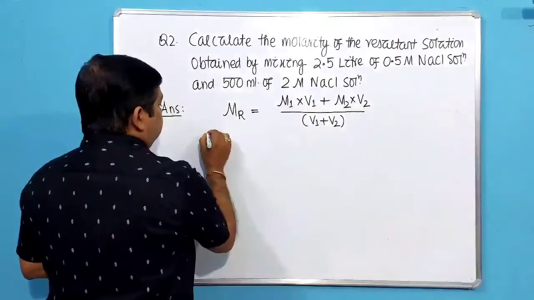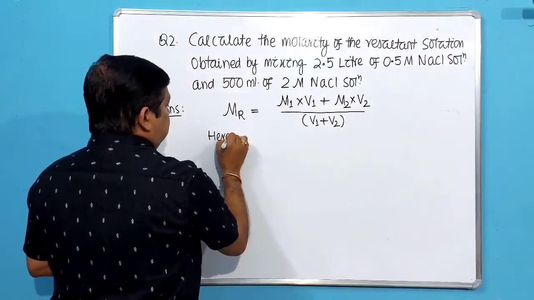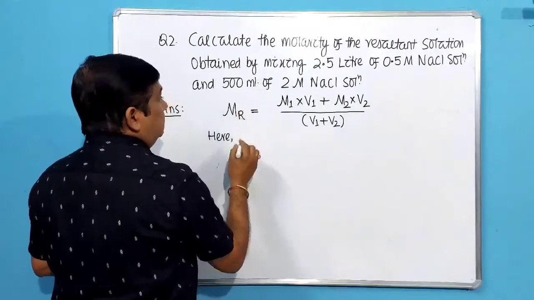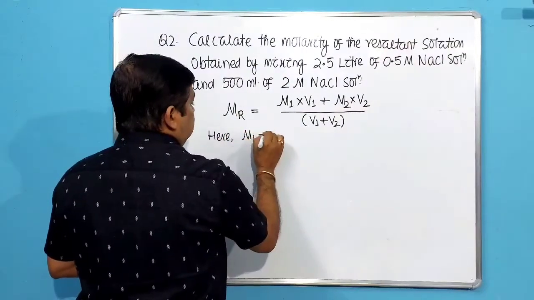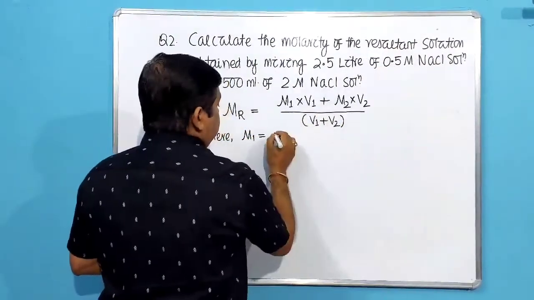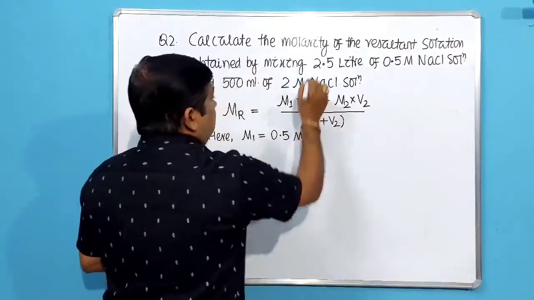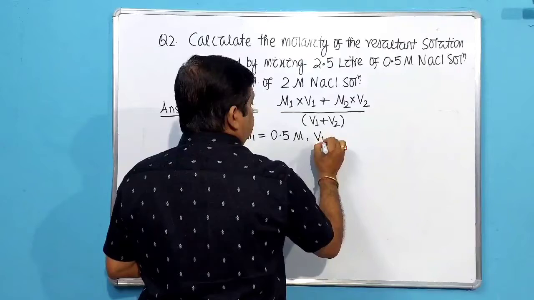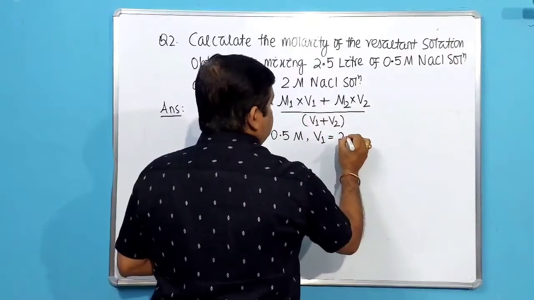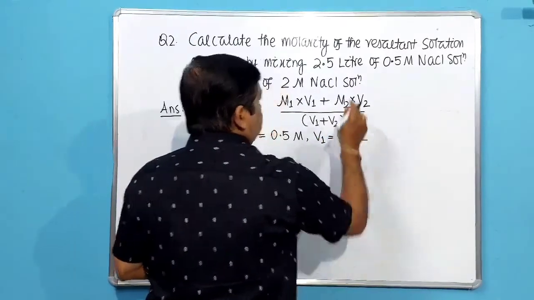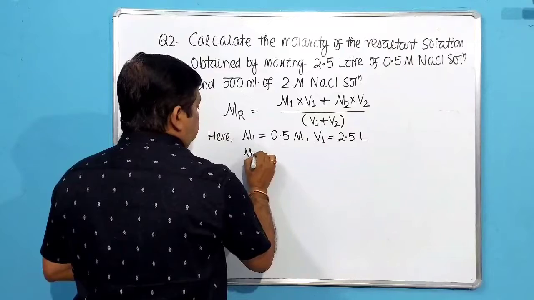So we will write down here, given. What is M1? M1 is 0.5 M. What is V1? 2.5 liter. What is M2?